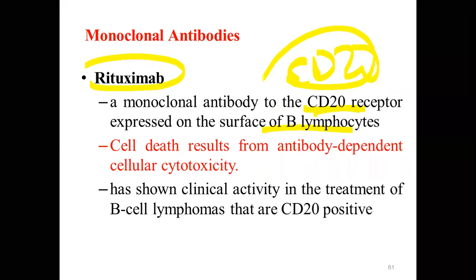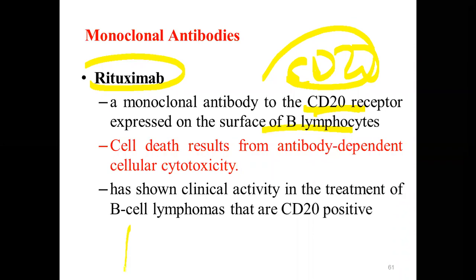Expression is very common in lymphomas, specifically in non-Hodgkin lymphoma. So, what will happen when you give rituximab? If rituximab binds with the CD20 receptor, then it causes antibody-dependent cellular cytotoxicity. So it is specifically targeting cancer cells that express the CD20 positive receptor.